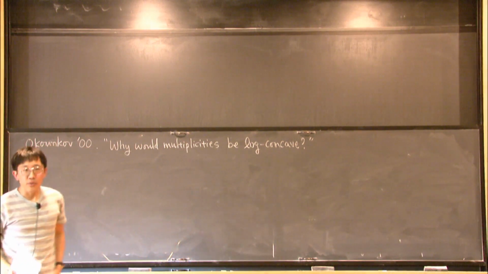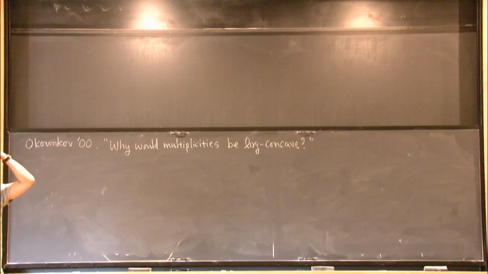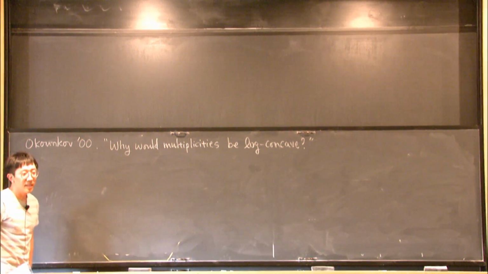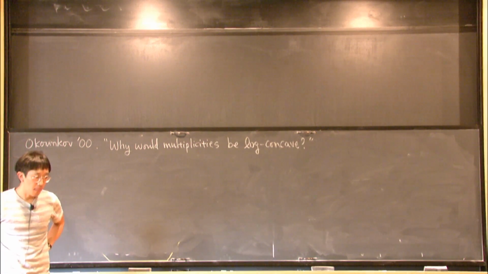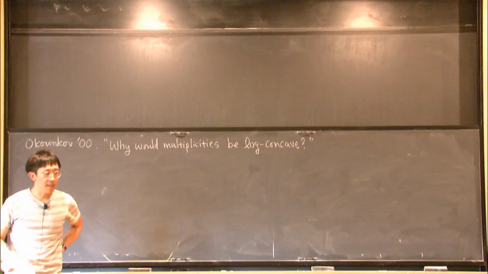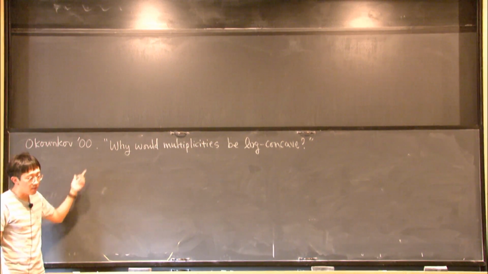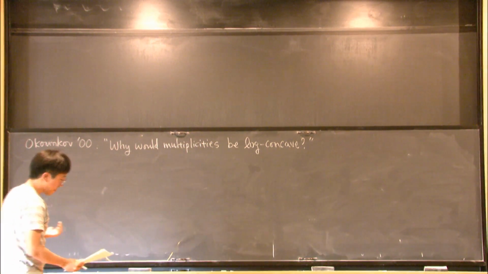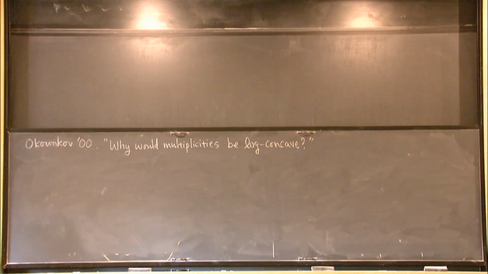So the answers to why-would questions are always interesting, especially if they are not proofs. Okay. So he wrote something about it and took a physical analogy to explain why multiplicities would be log-concave, even before taking the classical limit.